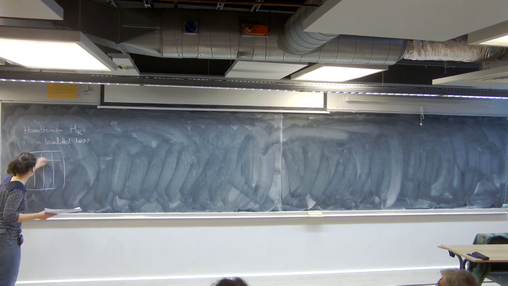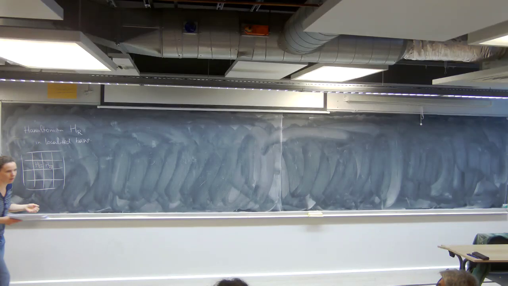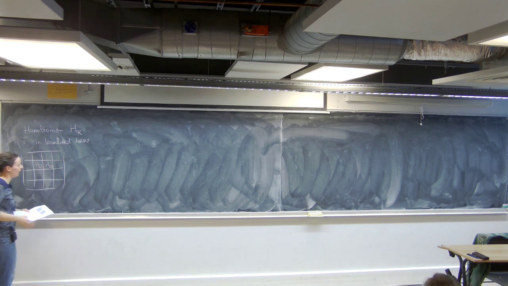You have blocks that correspond to interactions. Then you have two typical different blocks: the blocks on the diagonal will be treated differently than the blocks that are off diagonal.